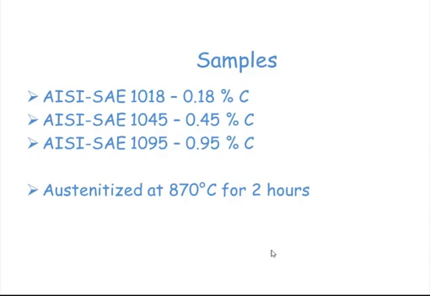Otherwise, if you are not holding for a prolonged time, you are just heating up to the austenitic region, not holding there, and suddenly pulling back, in that case you will get austenite, but that austenite will be a chemical gradient austenite. Meaning the chemistry of the austenite is changing from point to point, like in case of a cored structure. So in order to get homogeneous distribution of carbon, or homogeneous austenite, we need to hold it there for some time.